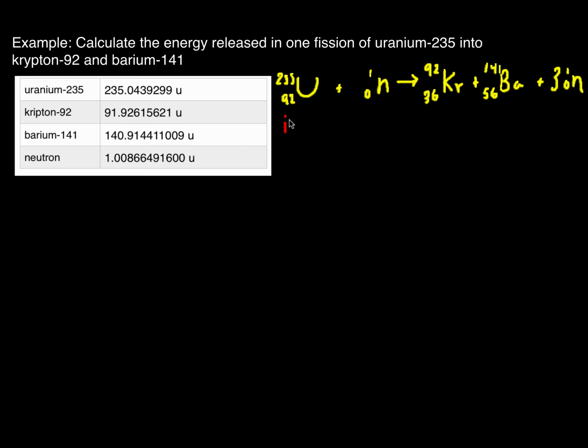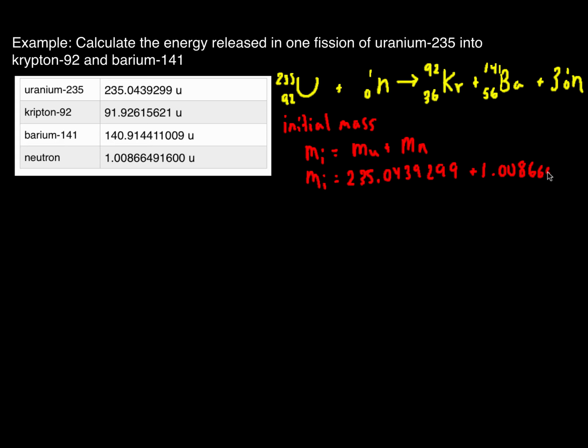We'll start by calculating the initial mass. The initial mass is the mass of uranium plus the mass of the neutron. This is 235.0439299 atomic mass units plus the mass of the neutron, which is 1.008664916 atomic mass units.